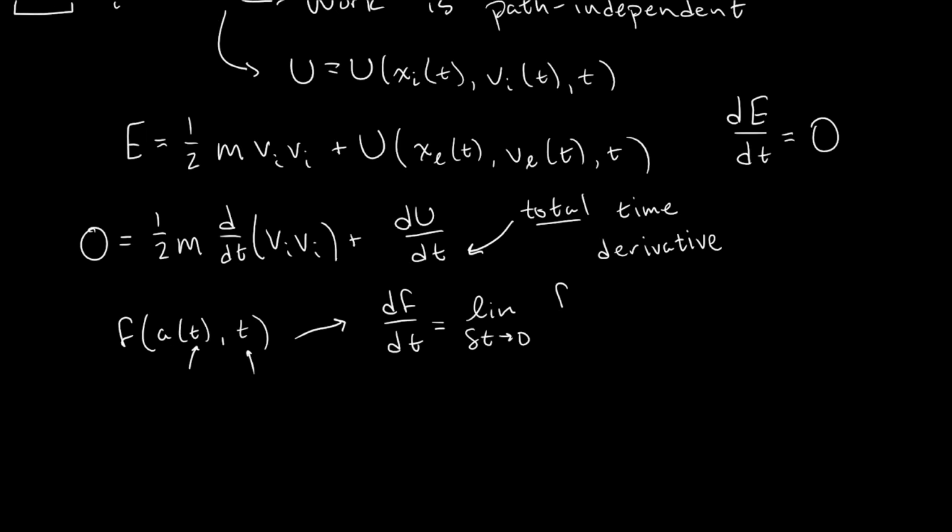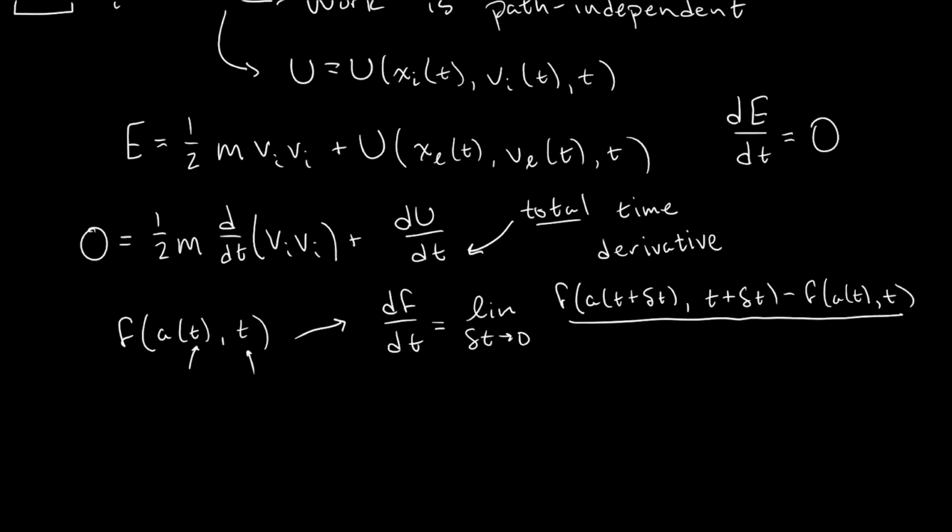So f of a of t plus delta t and t plus delta t, minus f of a(t), all over delta t.